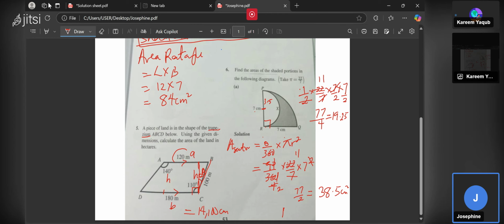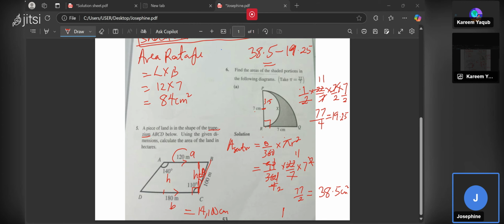So to now get the area of the shaded portion, it will be 38.5 minus 19.25.